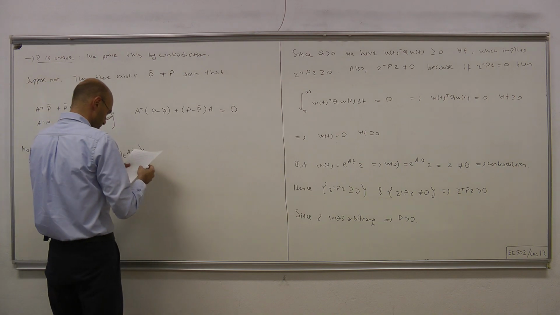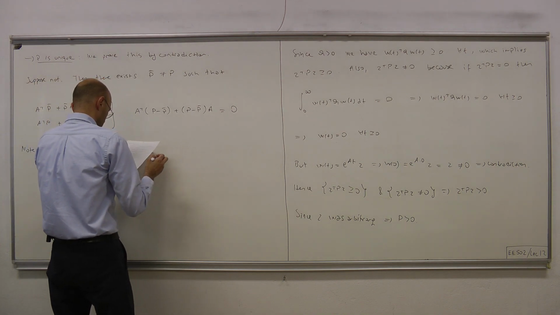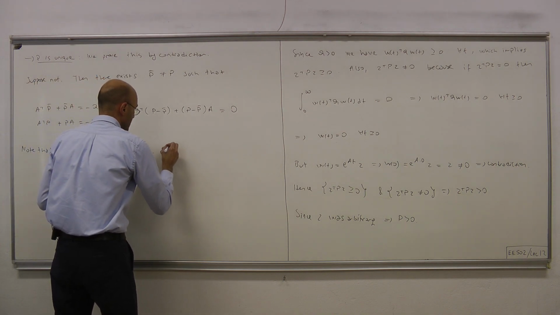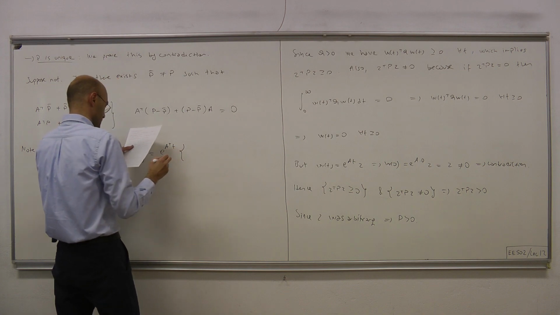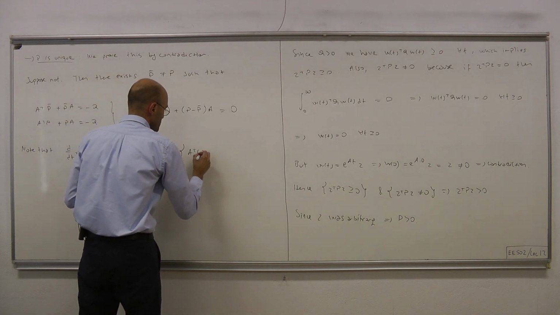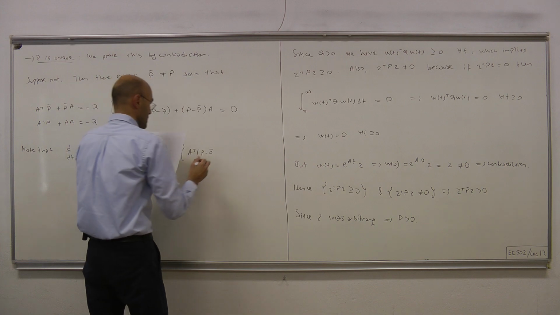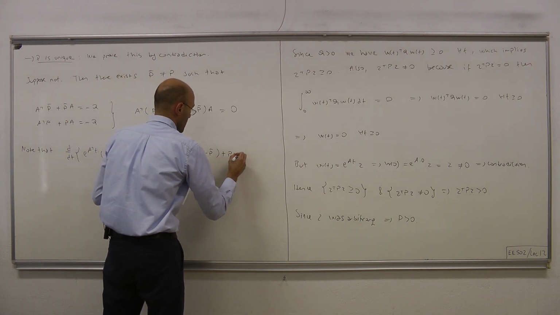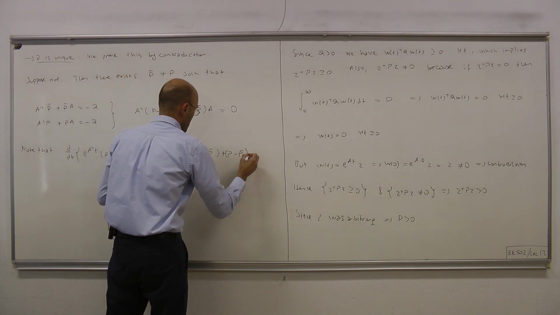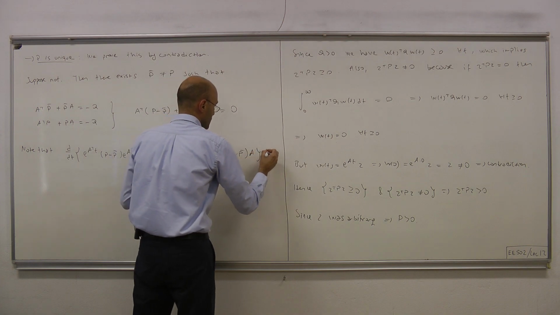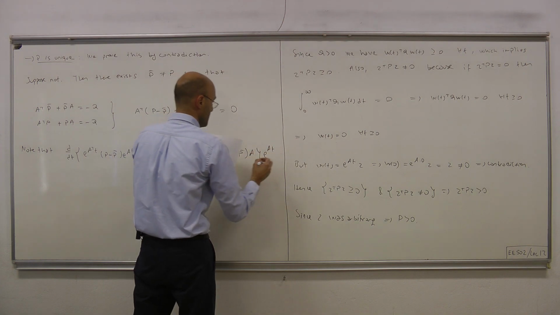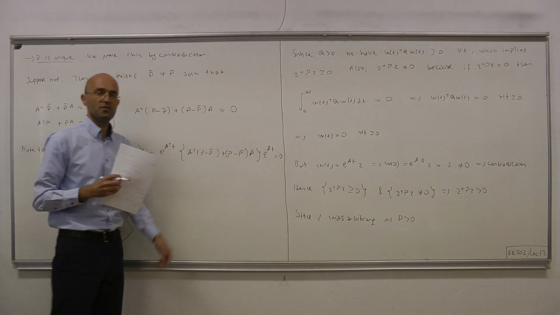And what you have is the following: e to the A transpose t times [A transpose (P minus P bar) plus (P minus P bar) A] e to the At equals 0.